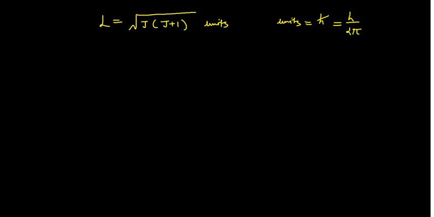This means the angular momentum is quantized in this particular unit. You can call this equation number 3, and don't forget that j is the rotational quantum number. You should know these things.